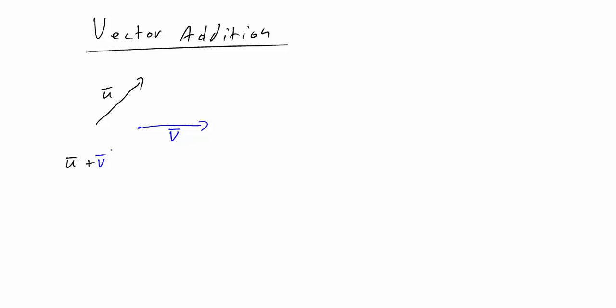Well, when we add vectors, we think of this as the terminal point, the head, and the initial point here is referred to as the tail. So again, this would be the tail, and we could think of the terminal point here as the head. We're going to add our vectors head to tail, which means if this is our vector u, then we would take v and add it head to tail.